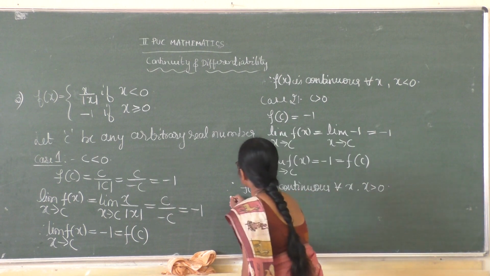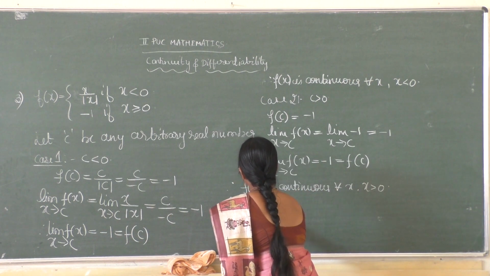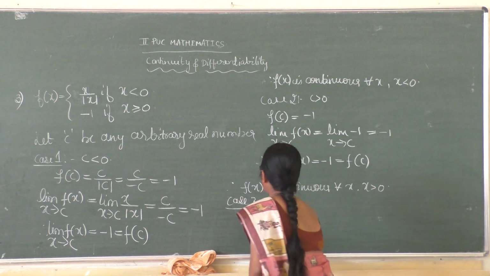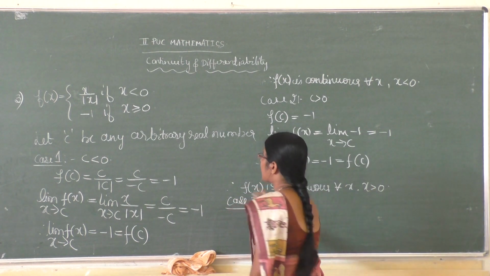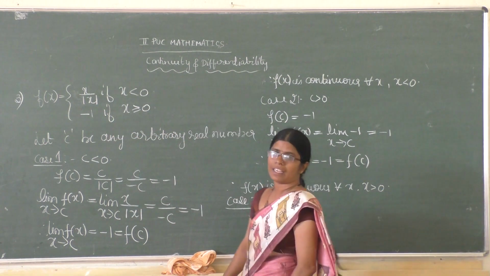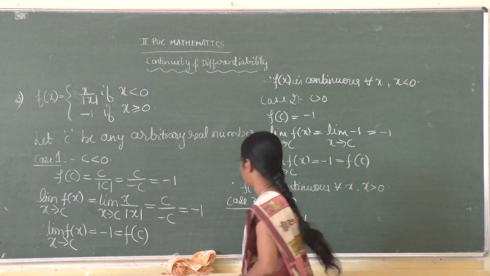Next, case 3: c equal to 0. So f of 0, when x equal to 0, f of x is minus 1. Here we have to take the left hand limit and the right hand limit.